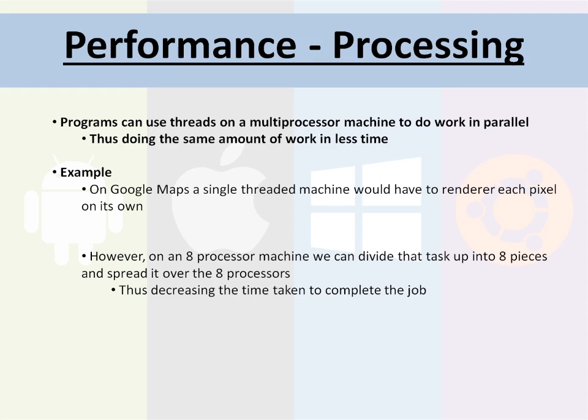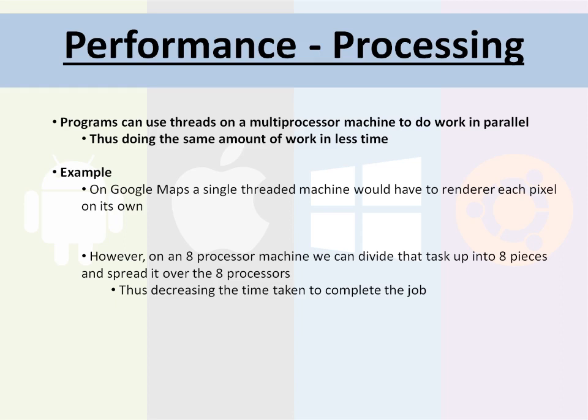Wouldn't you rather do it in 8, or that time divided by 8? So this would obviously take 1/8 of the time, thus decreasing the time to complete this job, which is obviously better, right? Faster is definitely better.